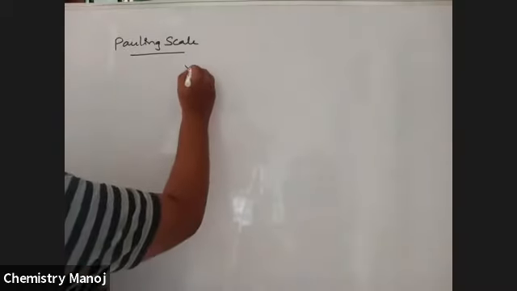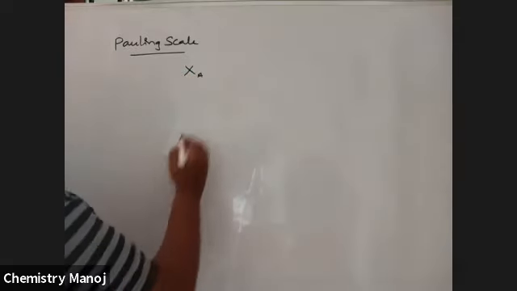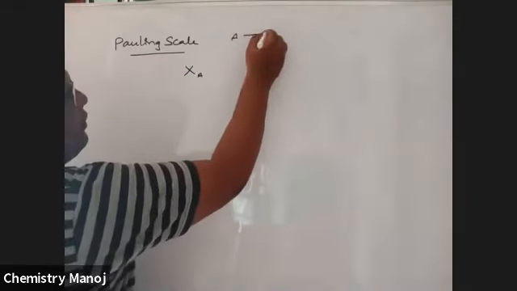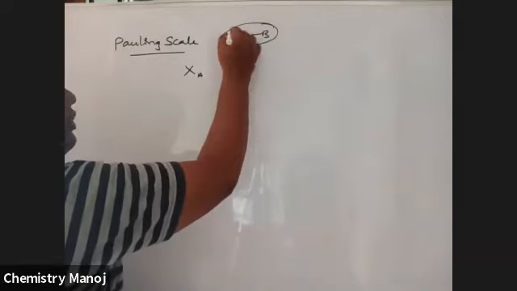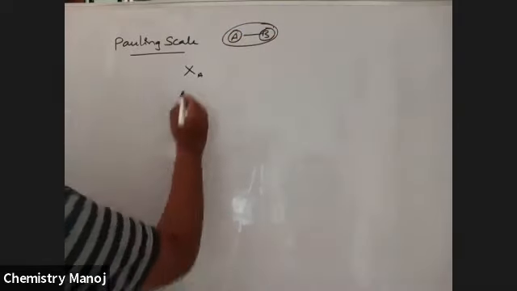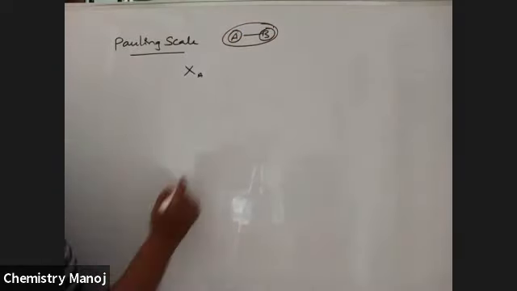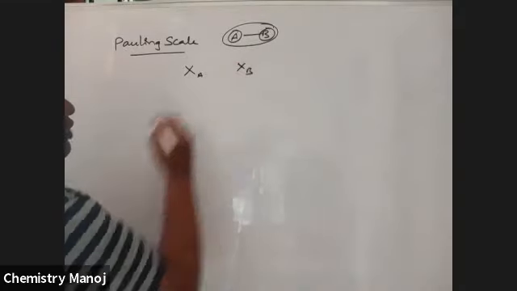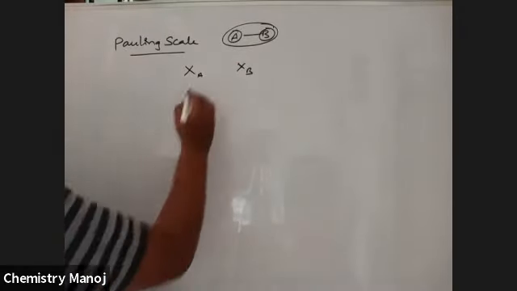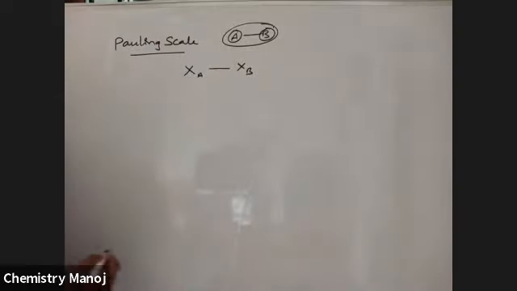Let XA be the electronegativity of A. There is a bond between A and B, and I want to find the electronegativity of A and B. Let XA be the electronegativity of A and XB the electronegativity of B. The difference between these two is XA minus XB.